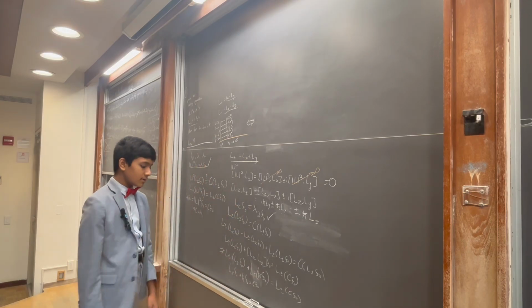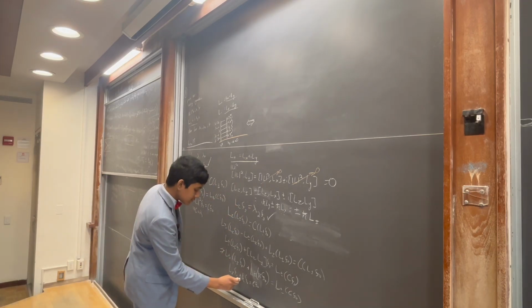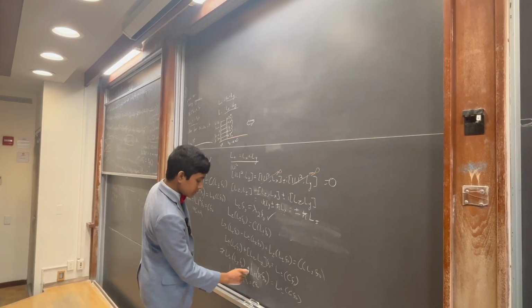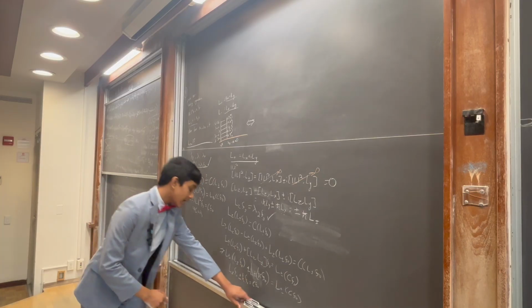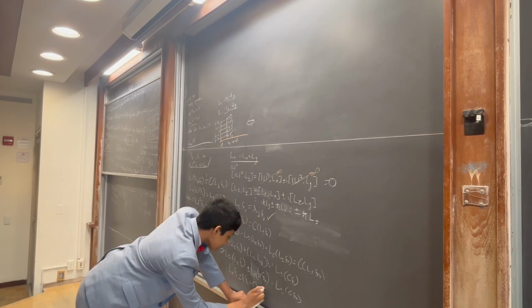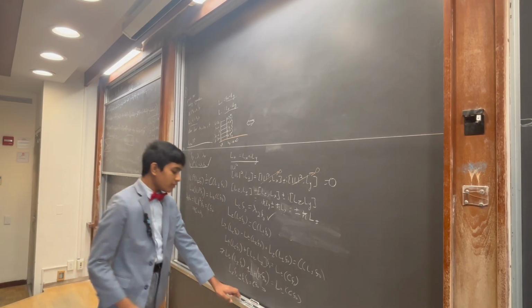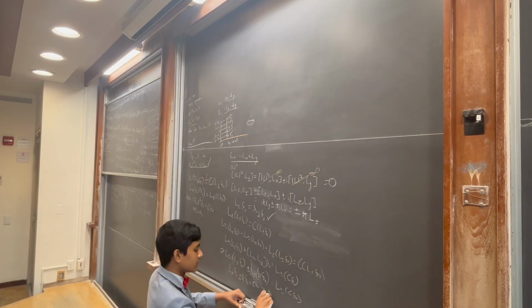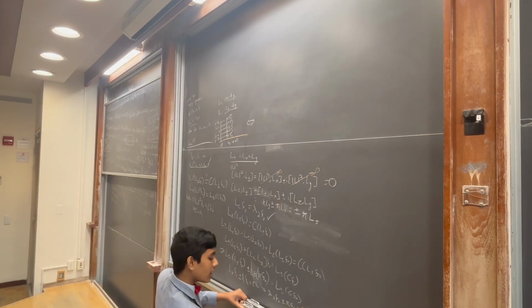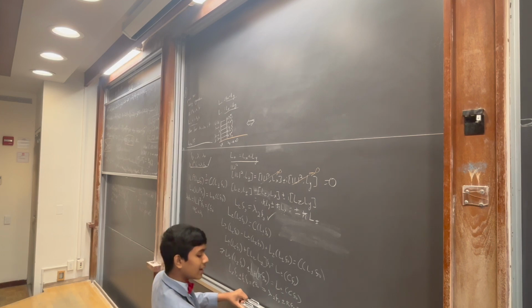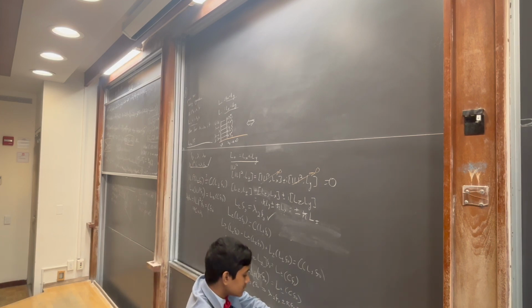My bad. So now, since we already assumed LZ f naught is lambda 2 f naught, lambda 2 f naught plus minus h bar f naught is equal to C f naught. Or in other words, if you divide by f naught, C is equal to lambda 2 plus minus h bar.